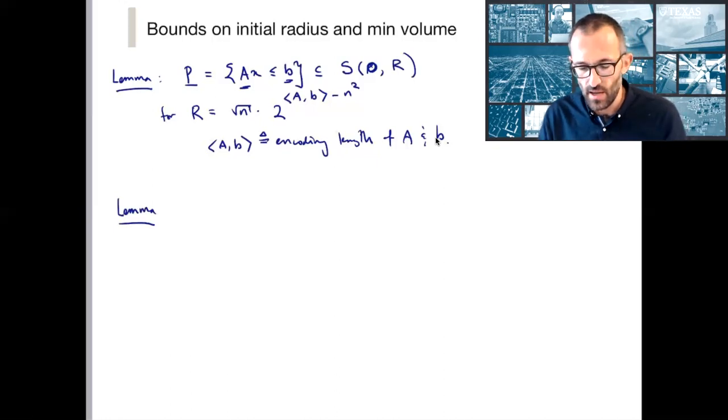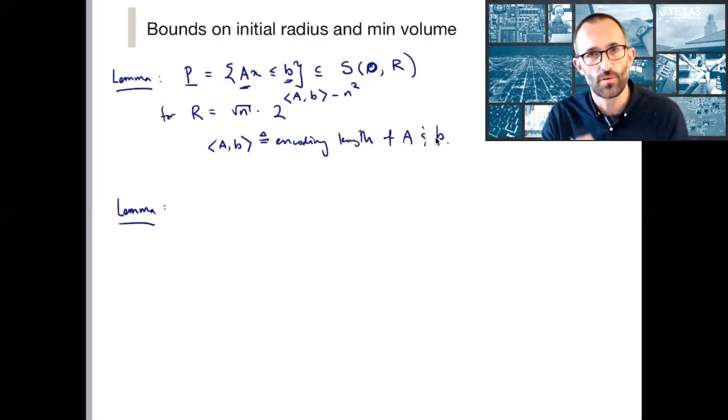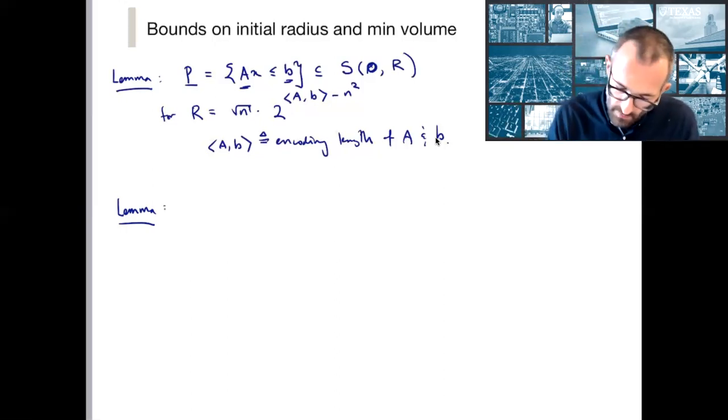This is saying that if you have a polytope that's defined by rational coefficients, then without knowing anything else, without doing any computation, you know that it cannot be too big. And note that we've assumed that it's bounded. Again, these are things that we can remove.